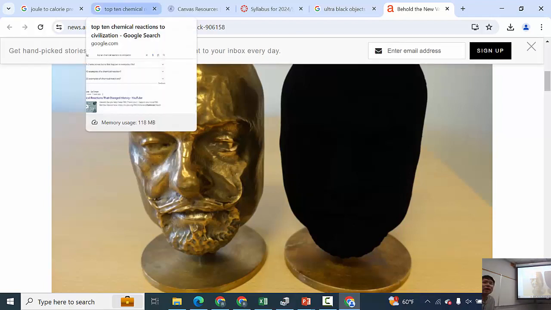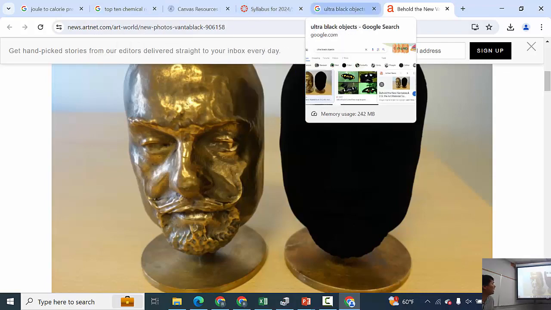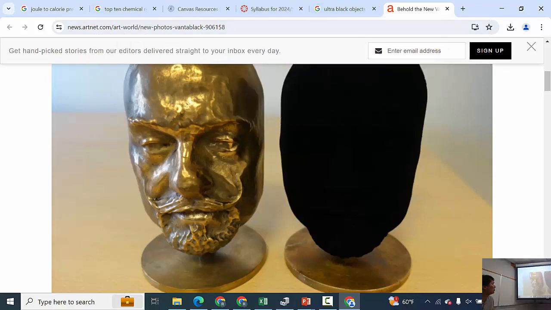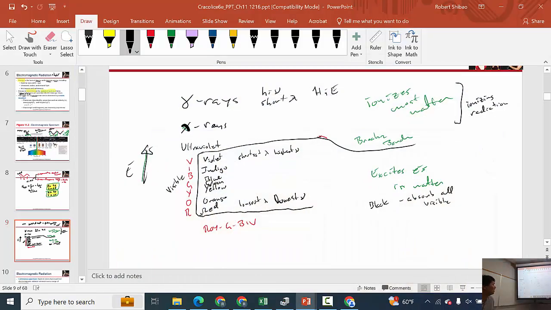They're also trying to make an ultra white paint. Have you heard of that? If black absorbs all colors, then what does white do? Yeah, it'll reflect all colors. They want it to reflect all visible.